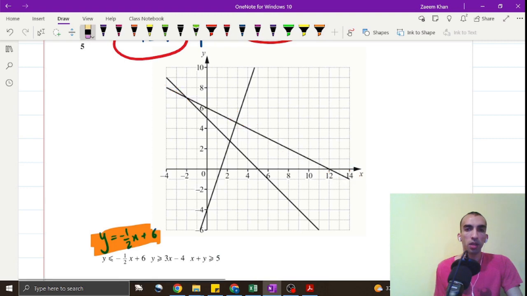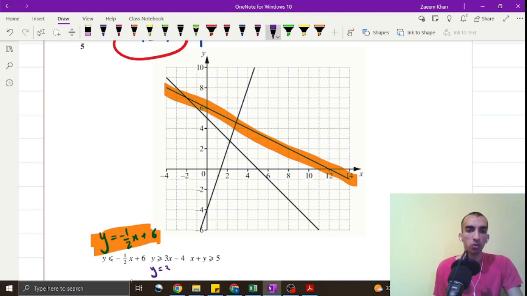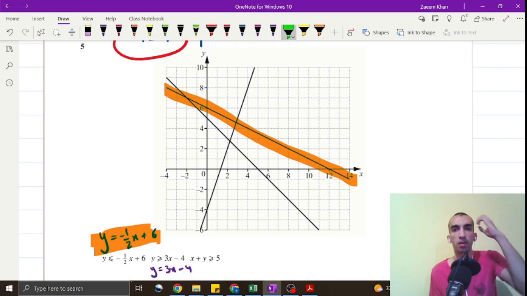Now let's do the second inequality. This one is already taken, so y is equal to 3x minus 4. Which line does this represent?